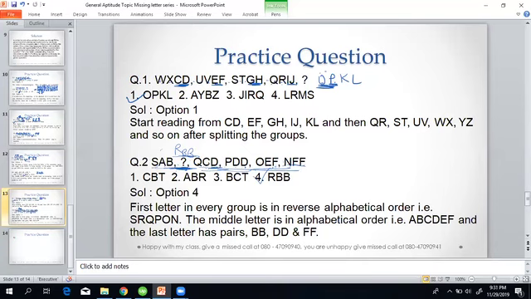The last letters are C, D. Then D, the last letter of this group, is repeating here: D, D. Then E, F, after D, E, F, then F is repeating here: F, F. And the first letter is going N, O, P, Q, R, S. So the first letter should be R, because they are going in this pattern N, O, P, Q, R, and then S. And because the last letters are in this form C, D, then D, D, then E, F, then F, F, it should be S, A, B, so B, B. So R, B, B is the correct answer. If you put R, B, B here, it is following the pattern.